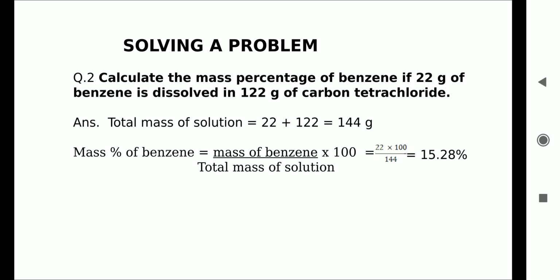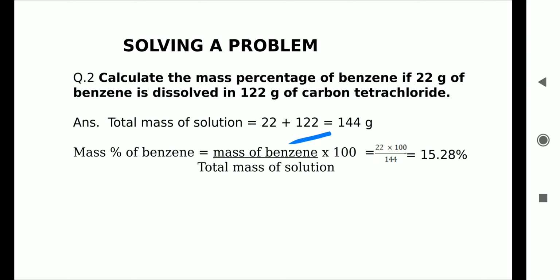Now, if there is a question: calculate the mass percentage of benzene if 22 gram of benzene is dissolved in 122 gram of carbon tetrachloride. So the total mass of the solution will be the mass of benzene, that is 22 gram, plus the mass of CCl4, that is 122 gram.